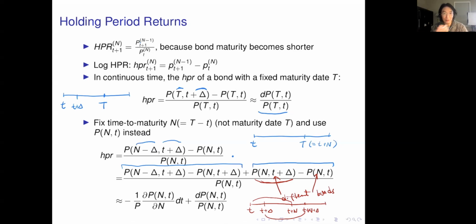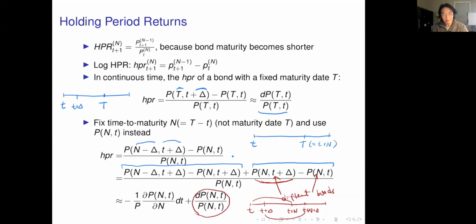So you're not fixing the bond, instead you are fixing the maturity, so that you are comparing today's 5-year bond price with tomorrow's 5-year bond price, instead of comparing today's 5-year bond price with tomorrow's 4-year and 364 days maturity bond. So that is what is being done in this term.